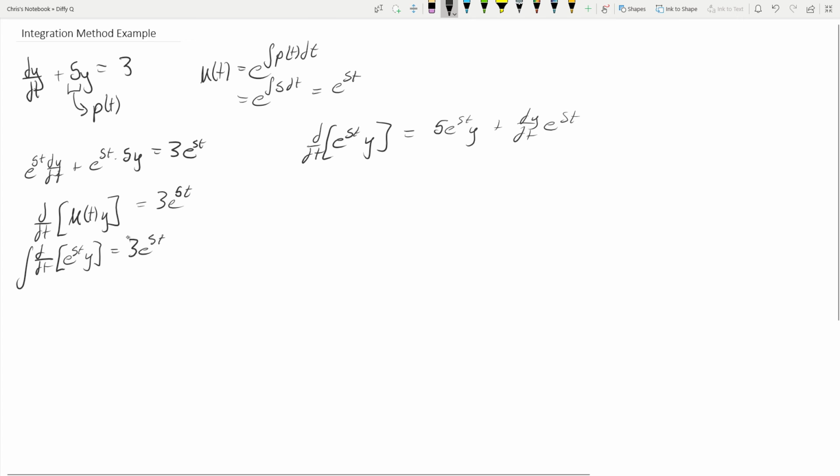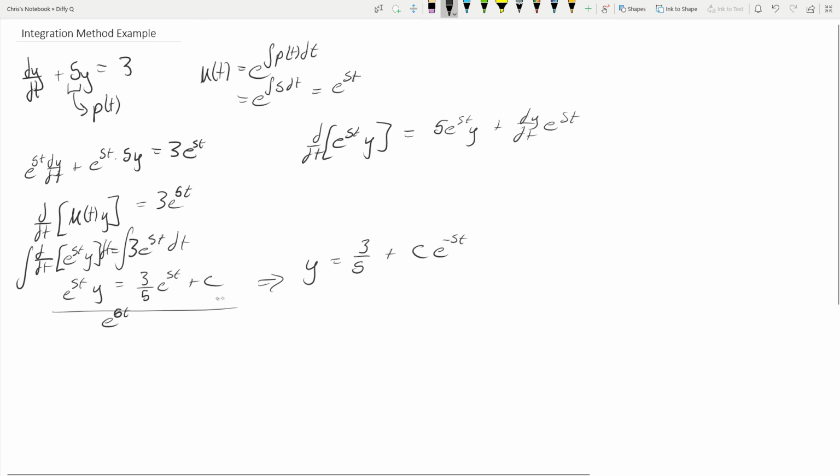So now we're going to integrate both sides with respect to t, which is going to give us 3/5 e to the 5t plus c is equal to e to the 5t y. Now we want to get y by itself, so we're going to divide by e to the 5t, which is going to then give us y is equal to 3/5, and then this is going to cancel out, plus c e to the negative 5t.